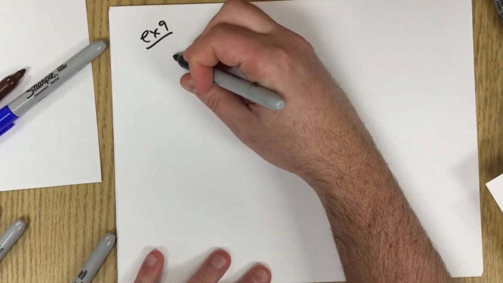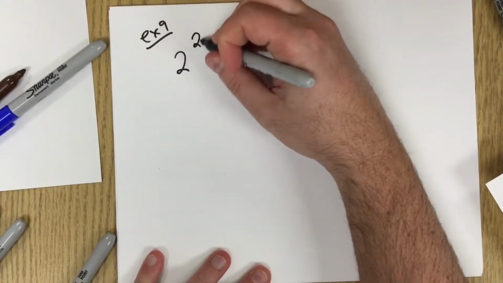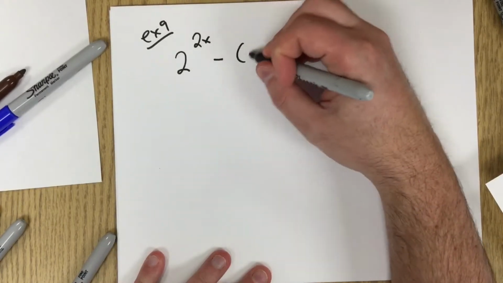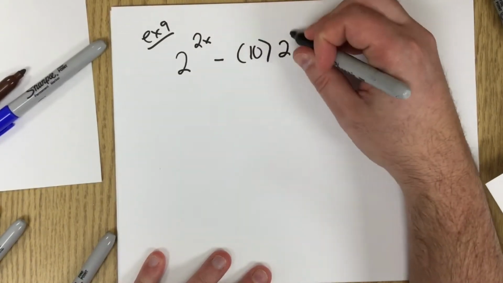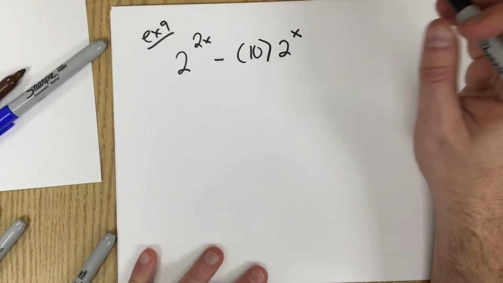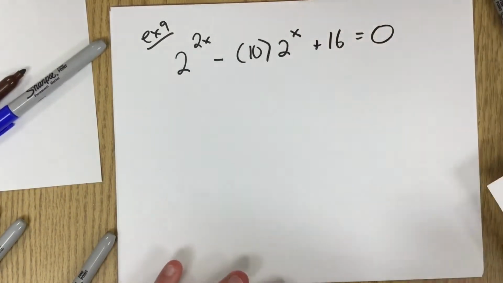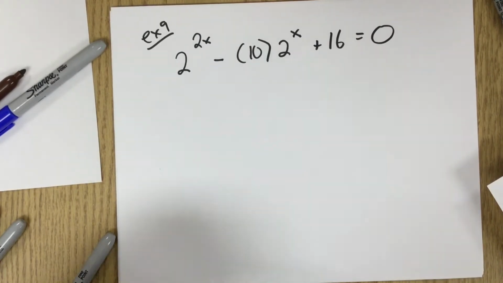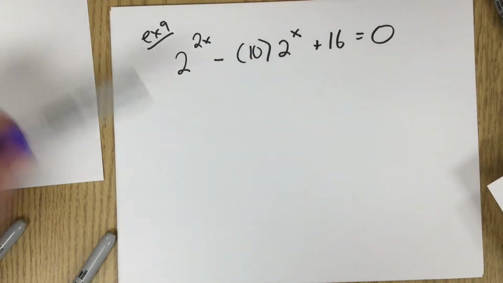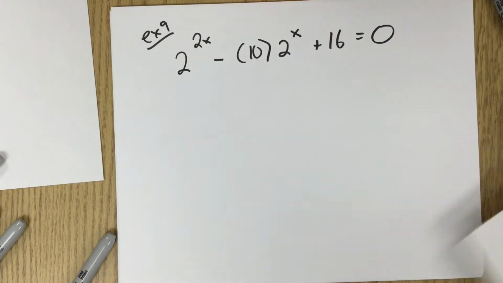So we're going to have 2 to the 2x minus 10 times 2 to the x plus 16 equals 0. This question's a lot of fun. It's going to incorporate a lot of things that we've done before. So first things first, we're going to use this trick over here.